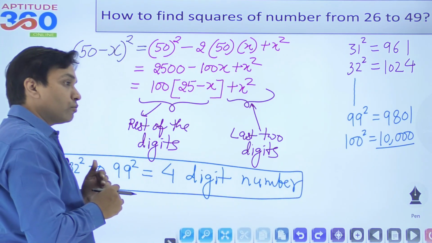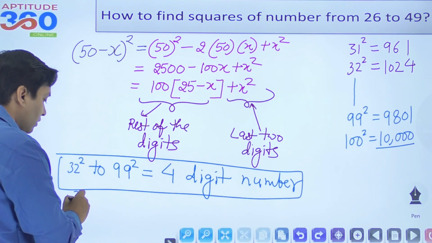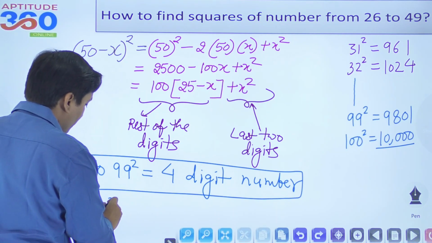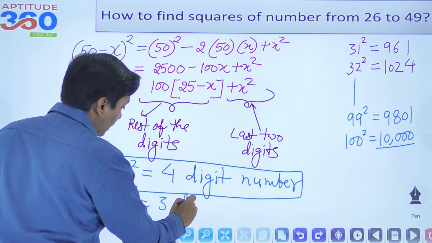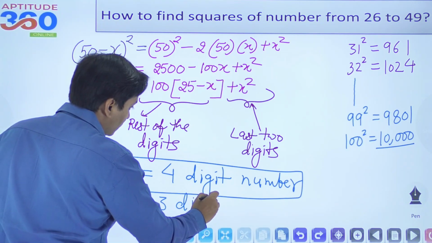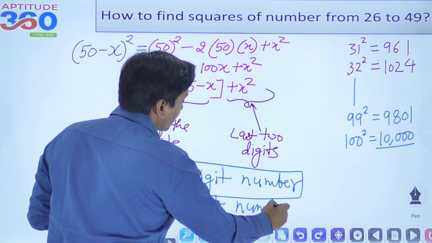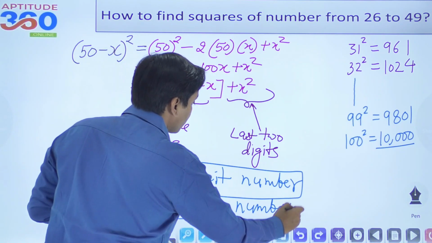And if you wanna dig in more, 10 square is 100, so from 10 square to 31 square, you will be having a 3-digit perfect square number. When I'm not writing perfect square, the numbers that we are talking about are all perfect square numbers.